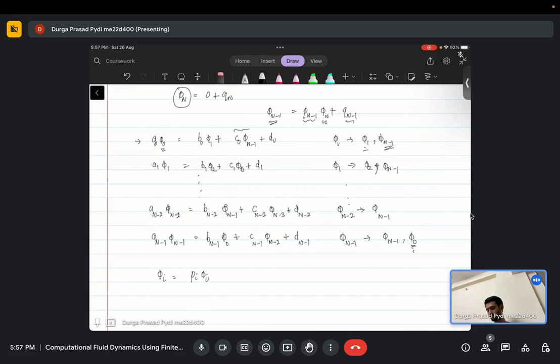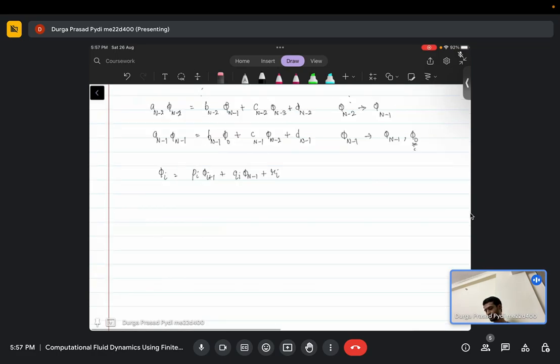So if you take phi i as p i times phi i plus 1, plus you have a phi n minus 1 term always coming up, plus R i. If I write phi i minus 1 as p i minus 1 phi i plus q i minus 1 phi n minus 1 plus R i minus 1, and take my original equation, a i phi i equals b i phi i plus 1 plus c i phi i minus 1 plus d i.